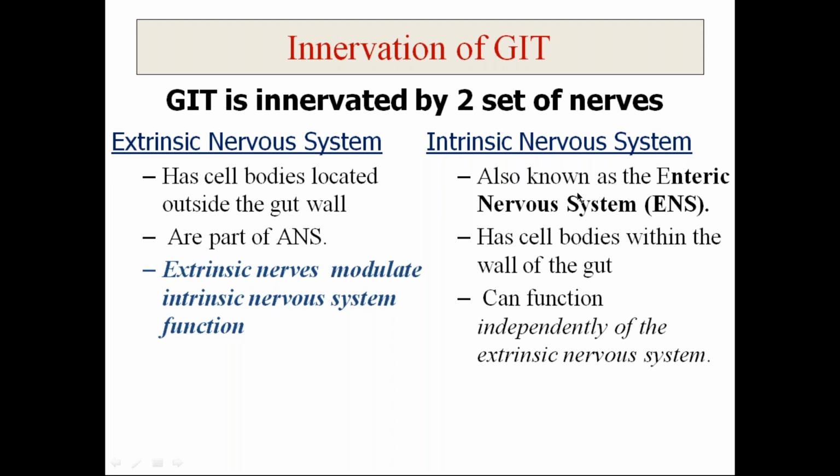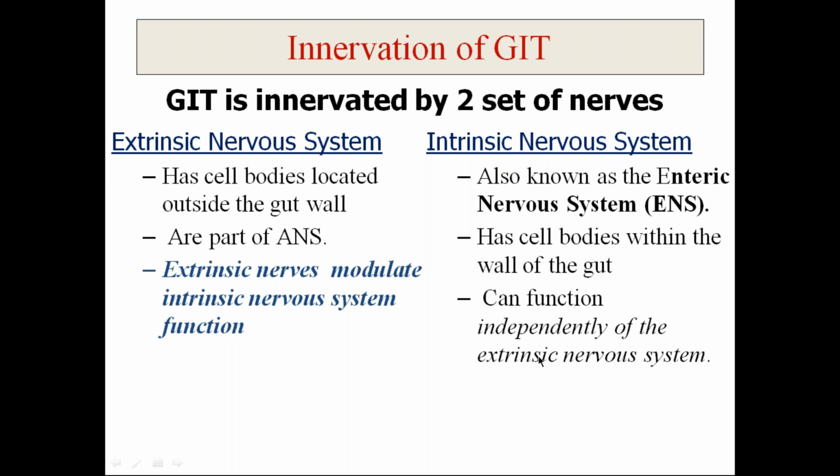Second is that it is present within the gut itself. It has the nerve cell bodies, the neurons, everything is located within the gut wall itself, within the GIT itself. So this is intrinsic to it. It is inherent to the GIT. It is known as the intrinsic nervous system or the enteric nervous system.